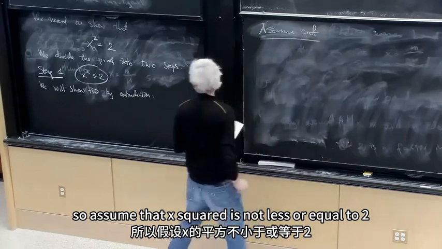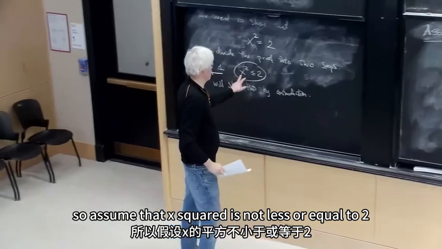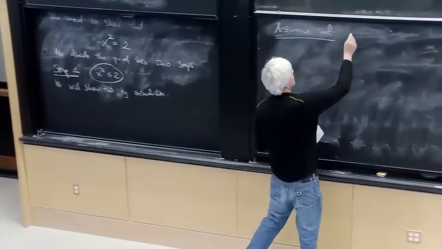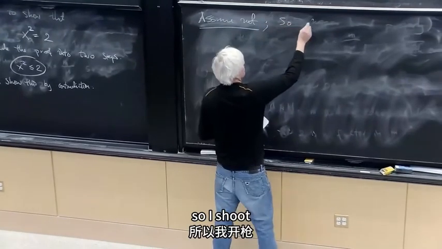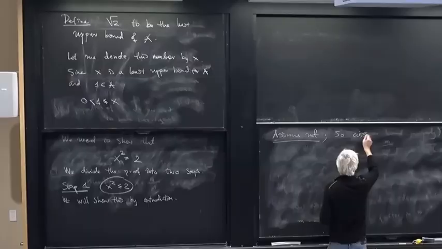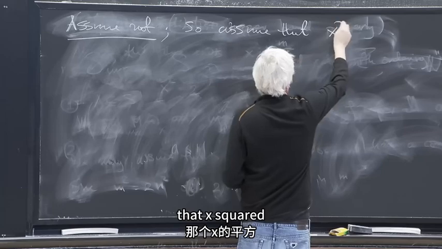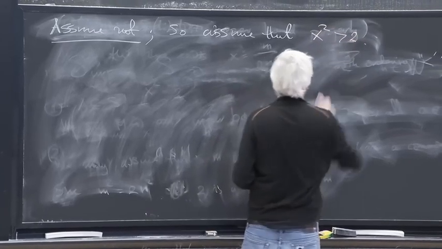Assume that x squared is not less or equal to 2. So we assume that x squared is strictly bigger than 2.